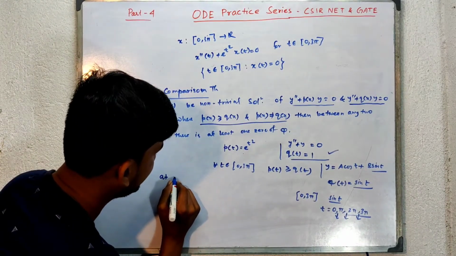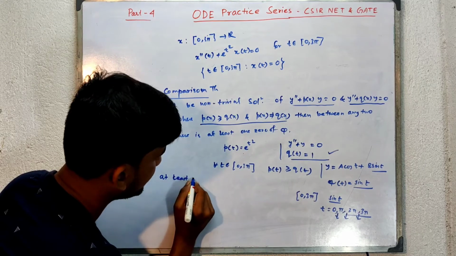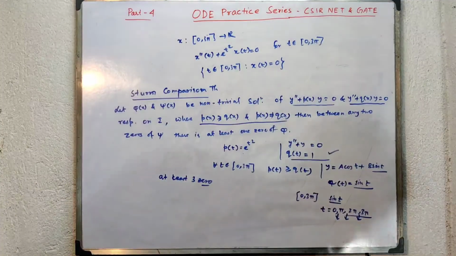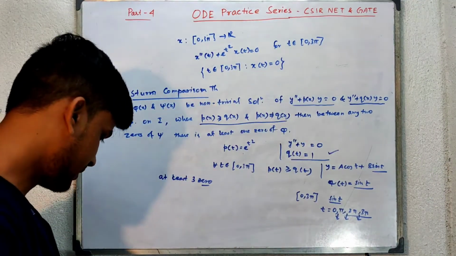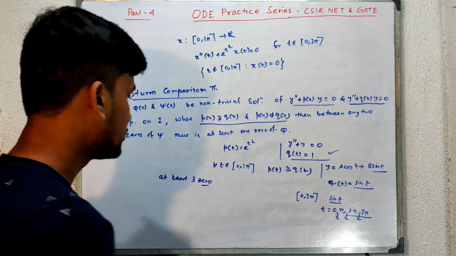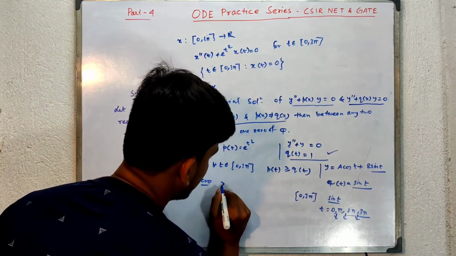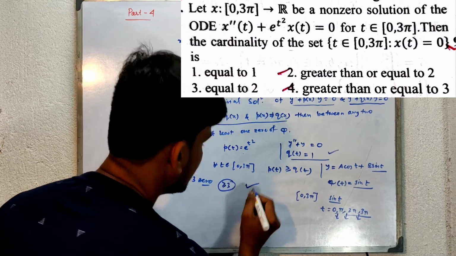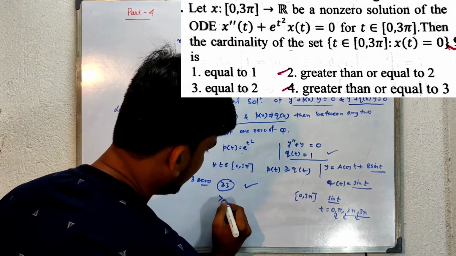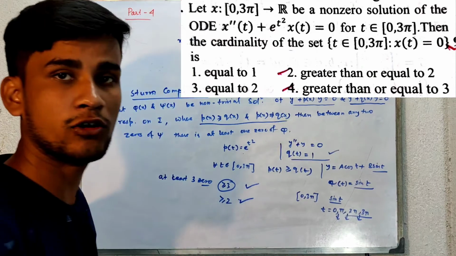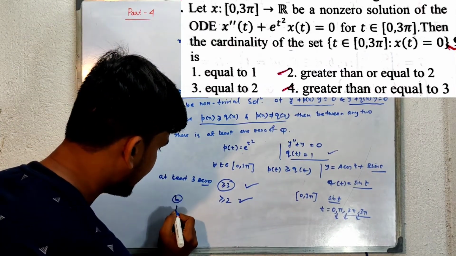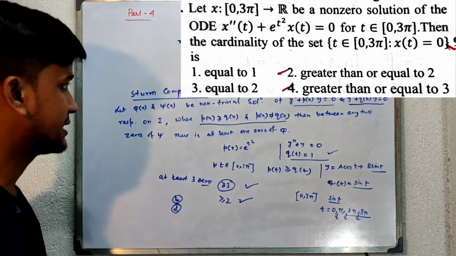So the option 'number of zeros greater than or equal to 3' is correct, and 'greater than or equal to 2 zeros' is also satisfied. That means options B and D are the correct options in this question.